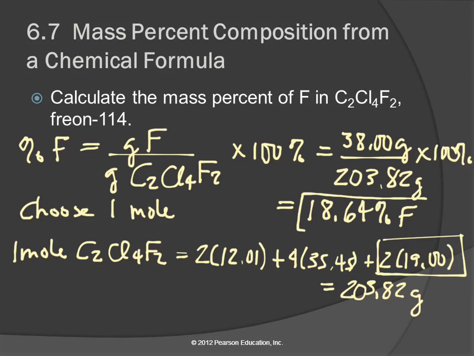So 18.64% is fluorine by mass. I chose 4 significant figures because I was using molar masses that were rounded to 4 significant figures. And since those are the basis of the calculation, that's reasonable for the answer. Any questions?